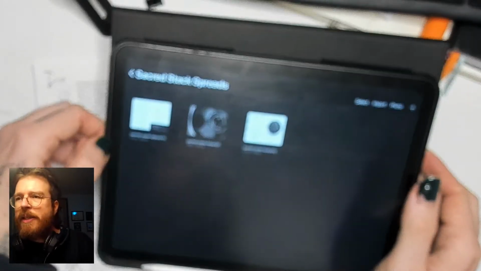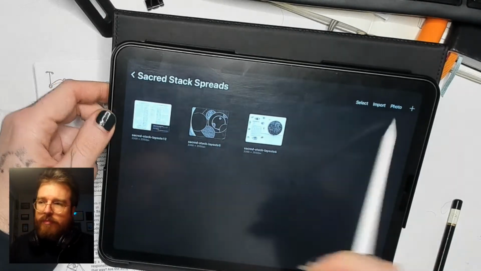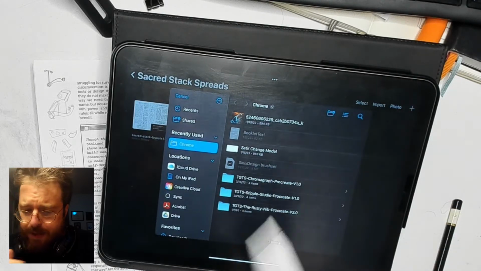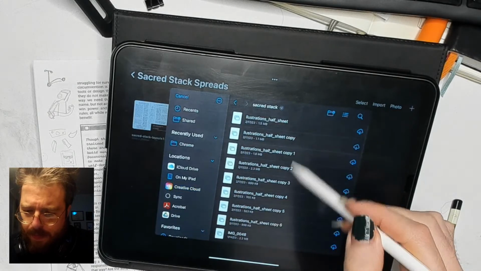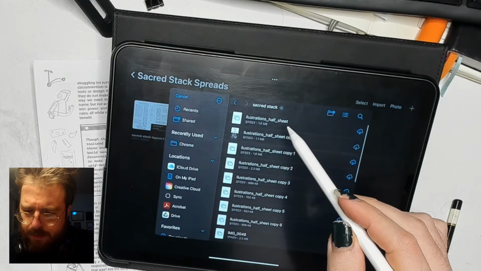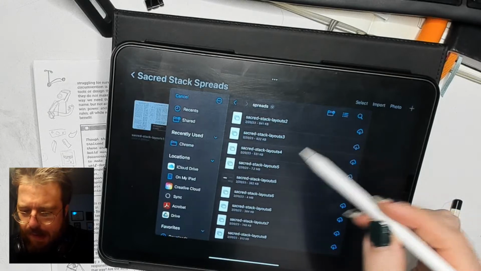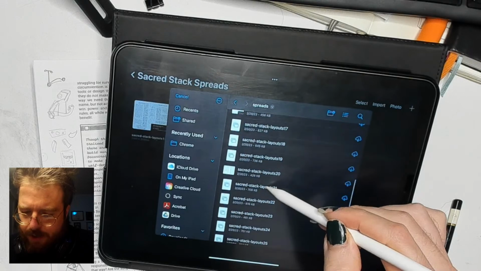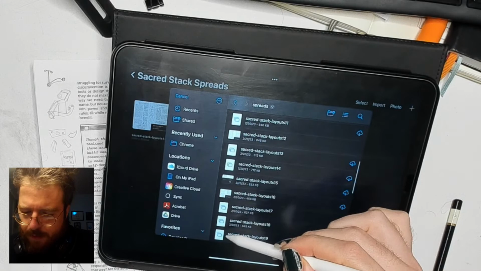Not giving me a lot of space here. So what we do is import sacred stack, find the spreads. Actually, should we go to that spread? Which spread should we do? I'll just pick one of them.